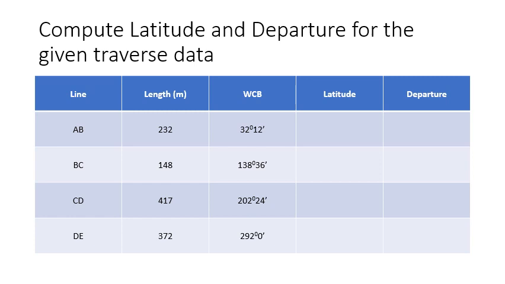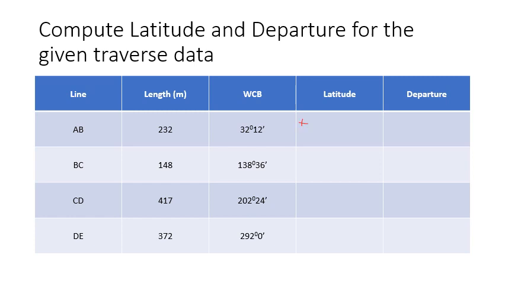Now for each line you are given the length. For each line you are given the bearing, that is bearing from the north, whole circle bearing. So can you find out the latitude of line AB, departure of line AB, like that? Yes. Latitude of line AB will be positive or negative, that you have to think first.